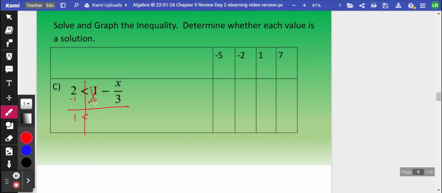I get 1 is less than, and we got to remember this negative sign, negative x over 3. It's divided by negative 3, so I have to multiply by negative 3. Now, I just multiplied both sides by a negative value, so I do need to flip the inequality sign. So it's going to be negative 3 is greater than, these cancel out, x.